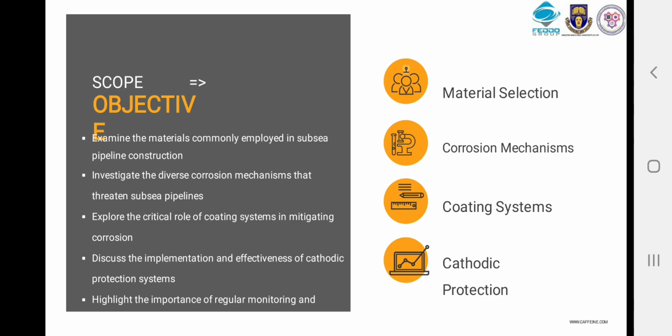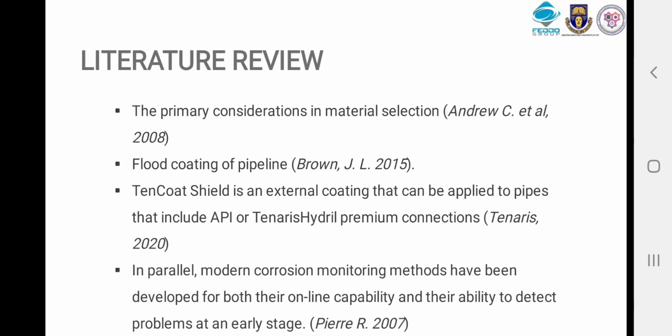Brown J discusses coating of pipelines, while from Tenaris, I picked some of their publications to explain further in my report how flood coating is done. While also we look at the modern ways of doing corrosion monitoring and the various methods that have been developed over time.